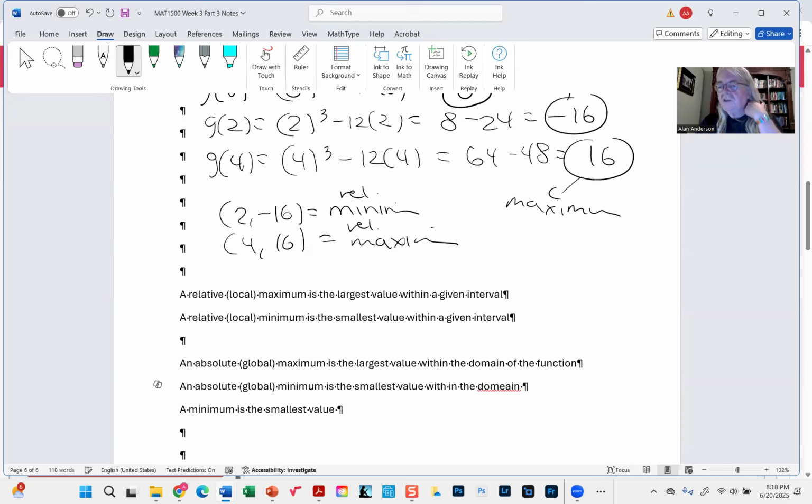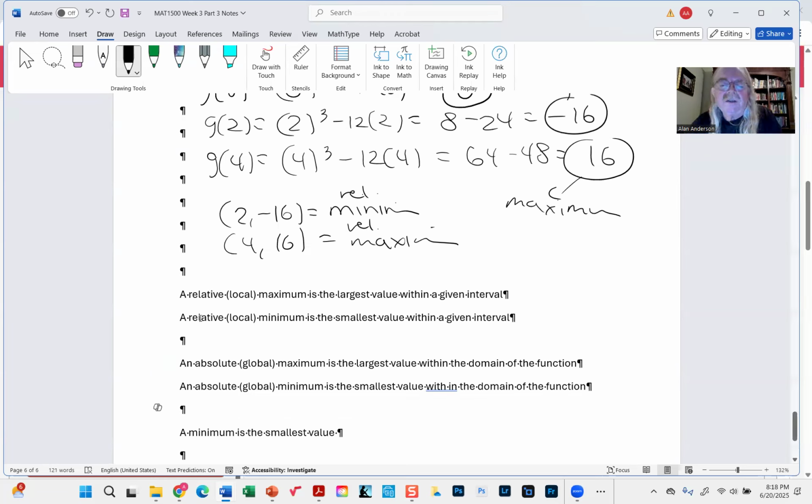In other words, it's either the largest or smallest value that the function can obtain anywhere. The relative or local ones are within an interval. The absolute or global ones are for the entire function.